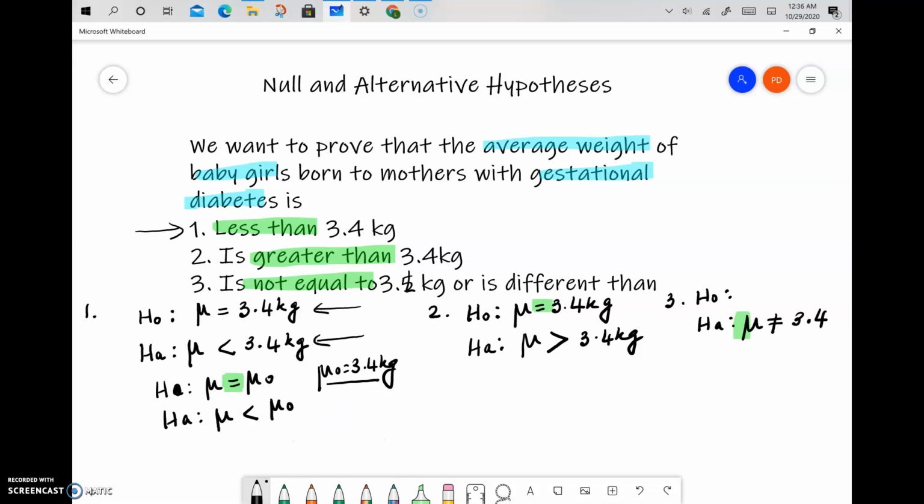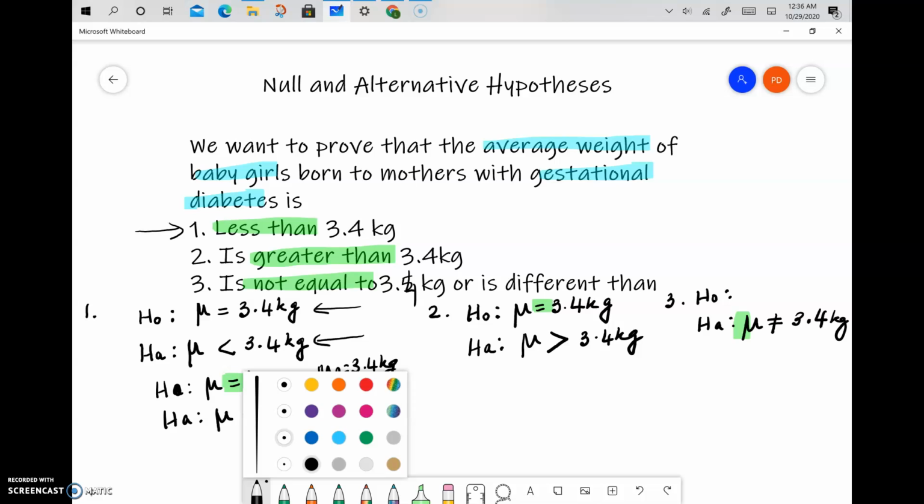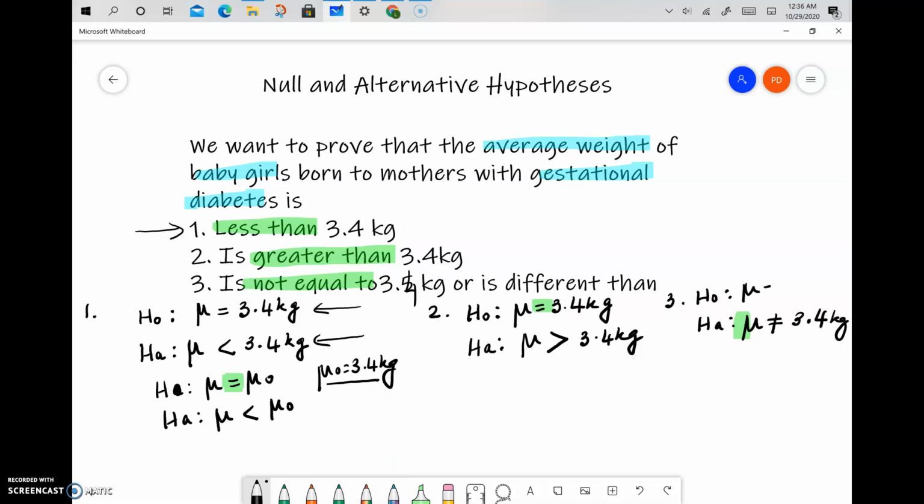Let's make this correction. H naught, or H0, is mu equal to 3.4 kilograms. So if you notice the pattern, the H naught always has an equal to in it.